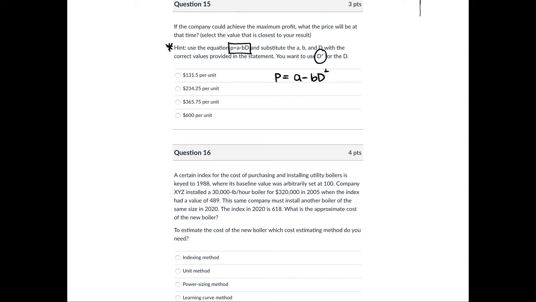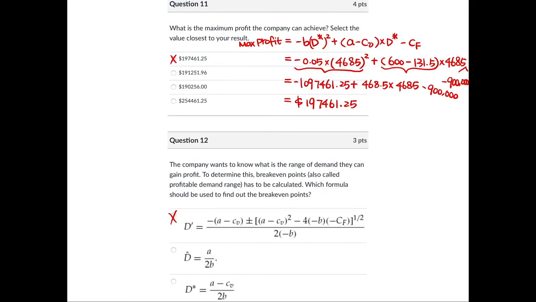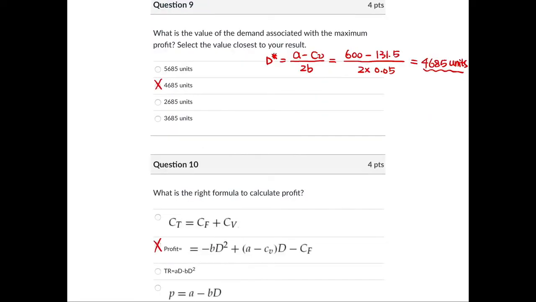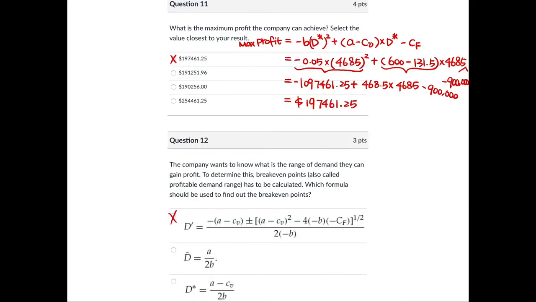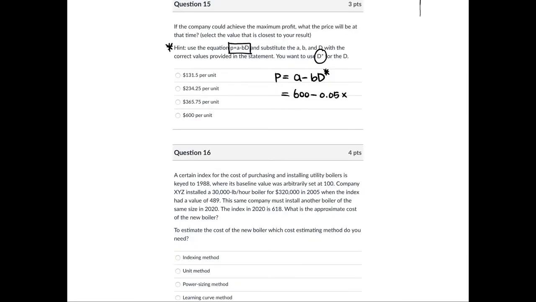So P is A minus B times D star, because you're looking at the price when you got the maximum profit, okay? So the A is 600, B is 0.05, D star is what we just calculated for D star, which is this one, okay, 46.85.